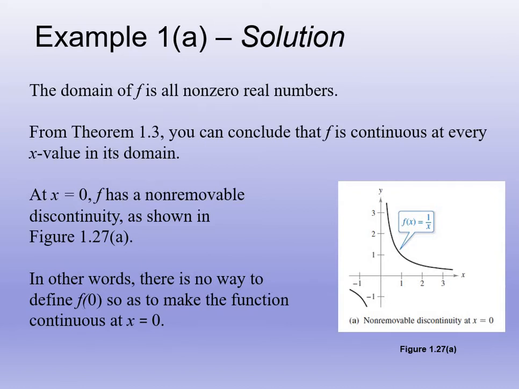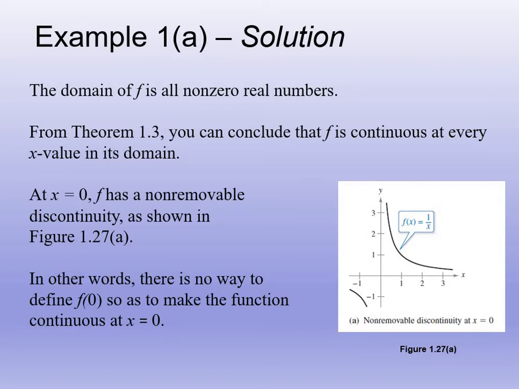There's not a specific value that I can define for x where the limit would equal the value, because if we look on the left-hand side of the graph, all right, it's going to negative infinity, and the right-hand side of the graph is going to positive infinity as we approach x equals 0. So there's no way to make this function continuous.